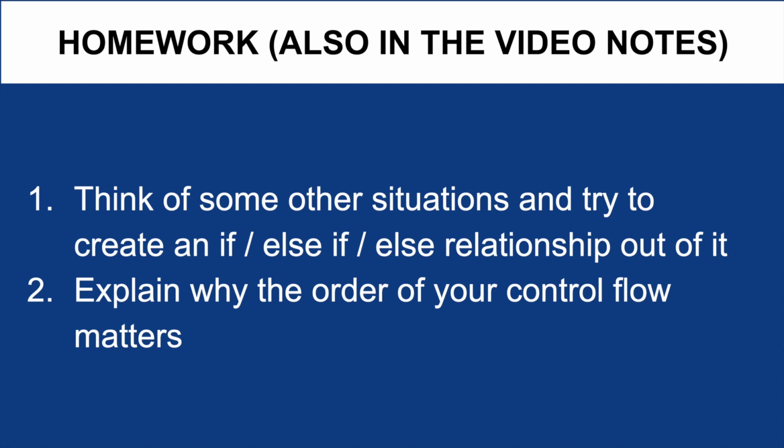What I also want you guys to do is to explain why the order of your control flow matters. So what I mean by that is, if you remembered, how it works is with that first if statement, you are putting in a variable right there, but you can actually swap the variables.